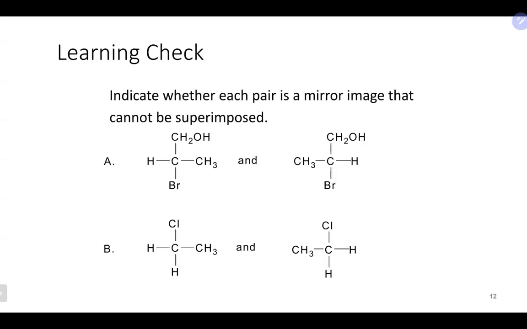All right, so indicate whether each pair is a mirror image that cannot be superimposed. That's like a double negative, I think. The guy on the left and the guy on the right, they are mirror images of each other. So determine if they cannot be superimposed.